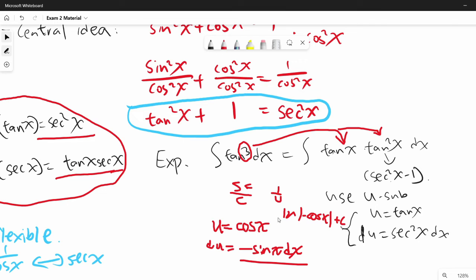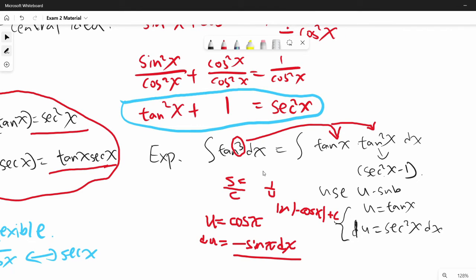For this case, u is tangent x. Or if you have a tangent to the fifth power and a secant to the fourth power, you convert a tangent squared into a secant squared. You could do a tangent squared, and then have u equal to tangent x, and go from there.